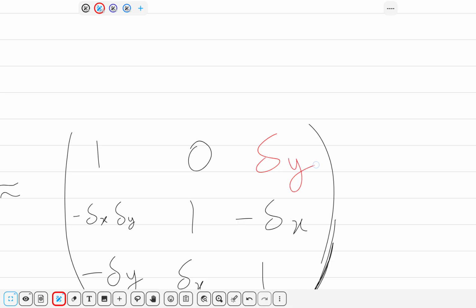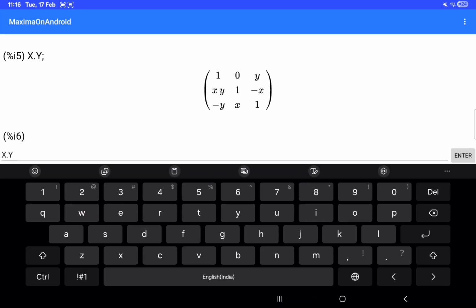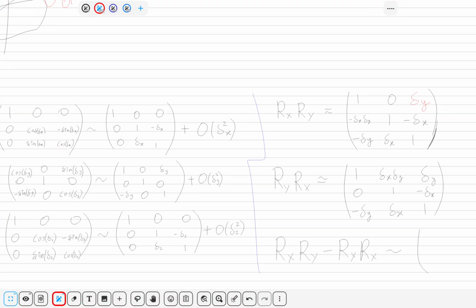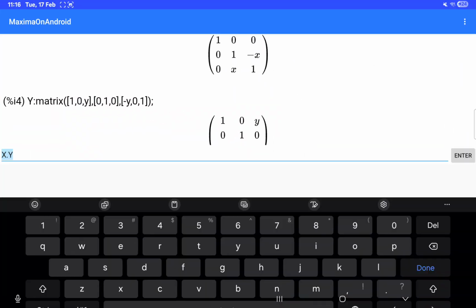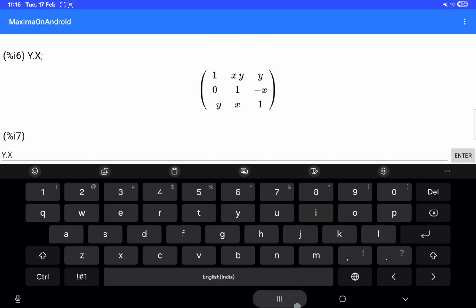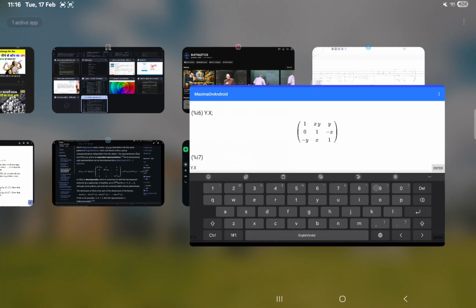Let me write it in red. Everything else apart from that looks correct. x, y, 1, minus x. Yeah. So let me check yx. x, y, 0, minus x.